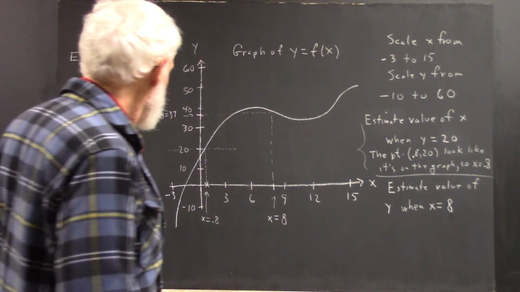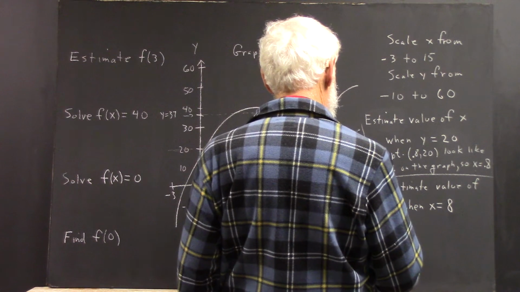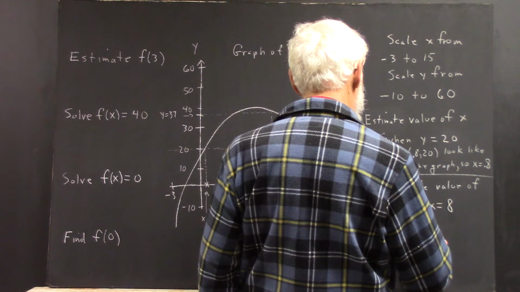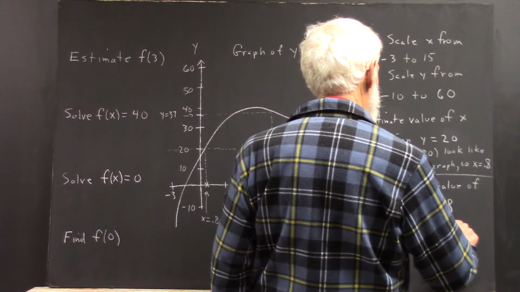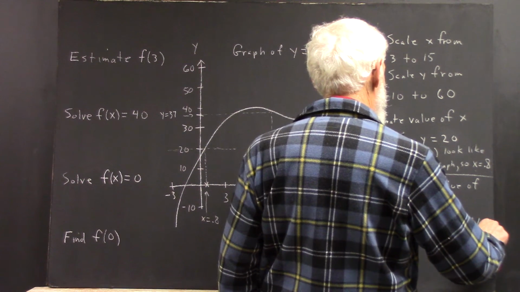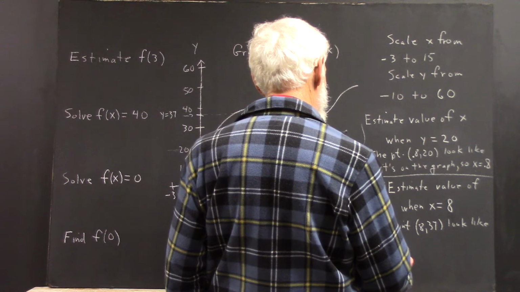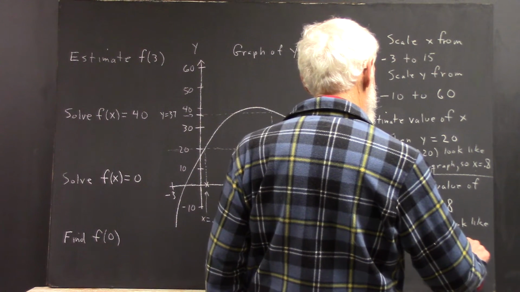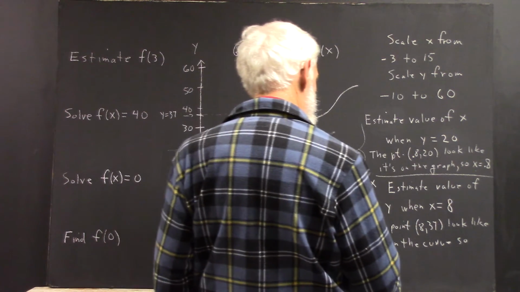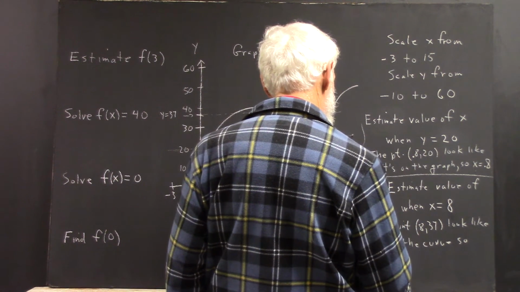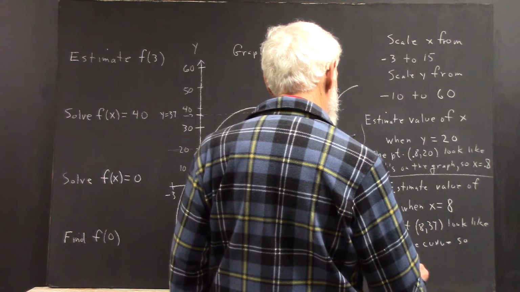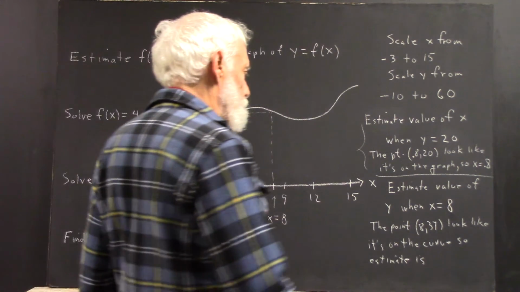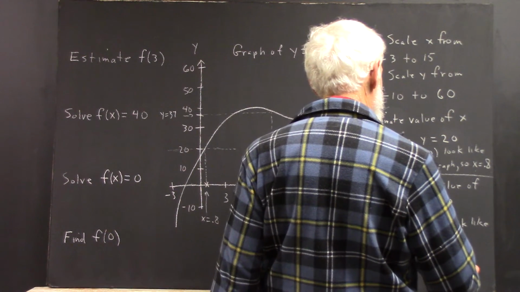So my answer is the point (8, 37) looks like it's on the curve. So our estimate is y equals 37.